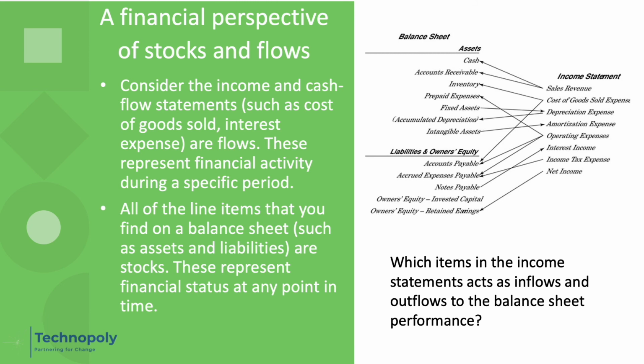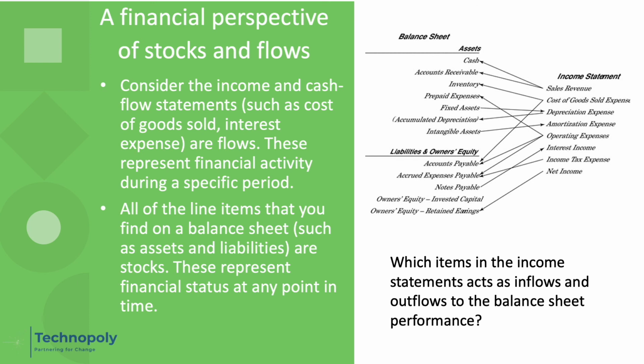These statements represent financial activity during a particular period, like this year, 2021, 2019. All the other items that you have on the balance sheet, such as assets and liabilities, are considered to be stocks, and they represent the status of your organization at that point in time.